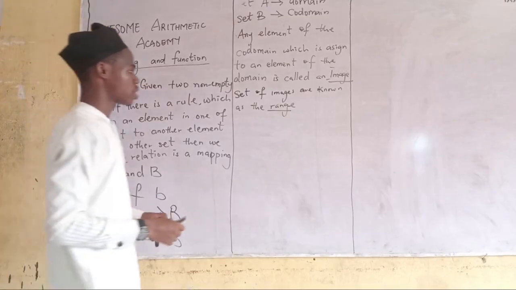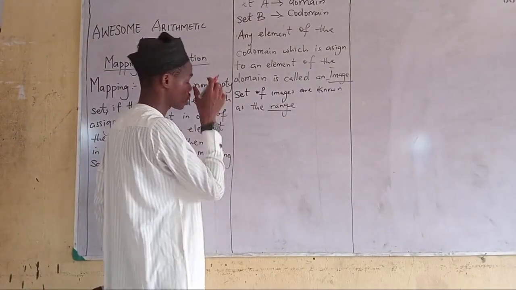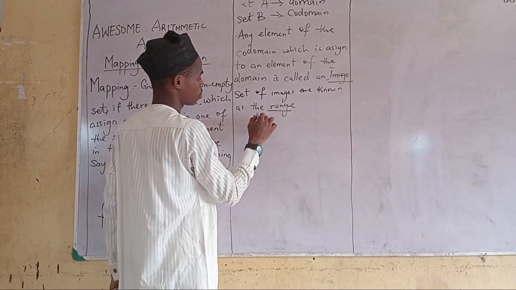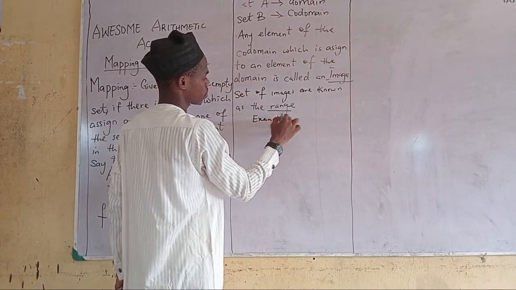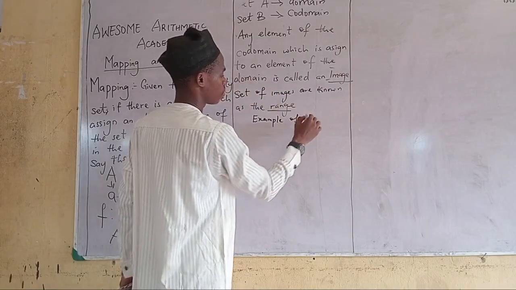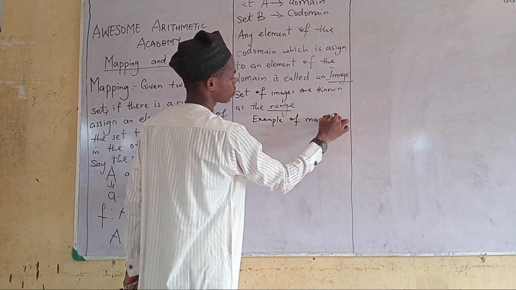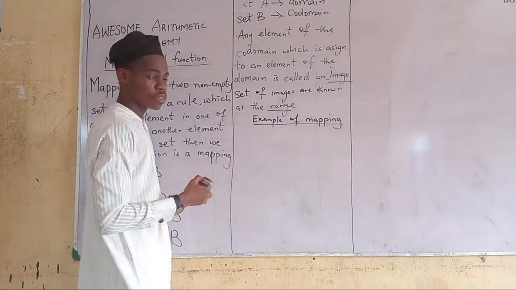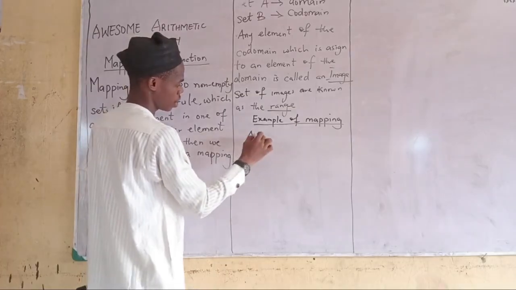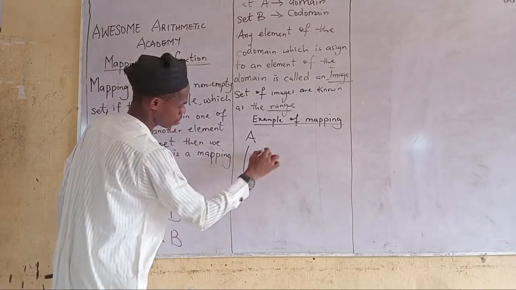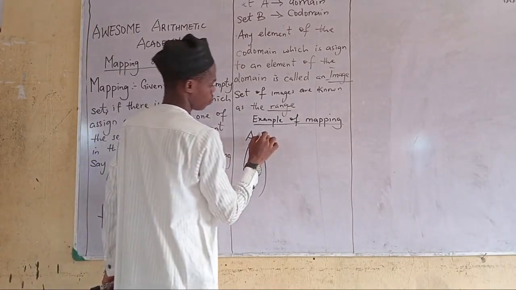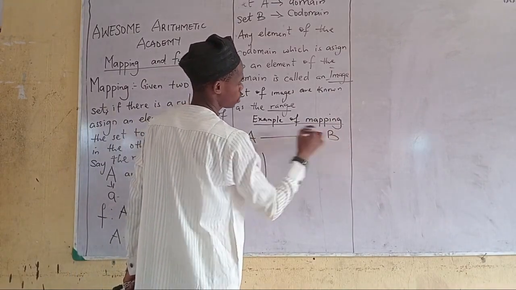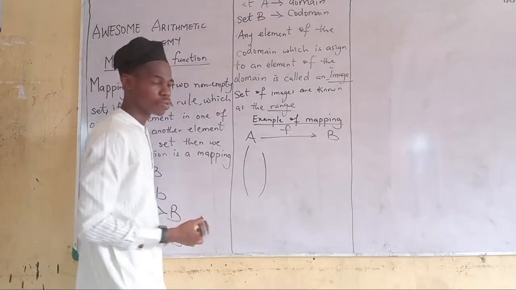So for instance, let's look at an example of mapping. Let's say I have set A, which is mapping to B with a given rule.